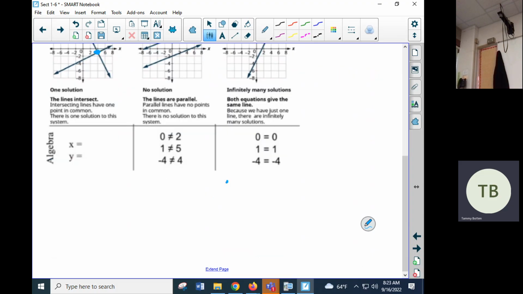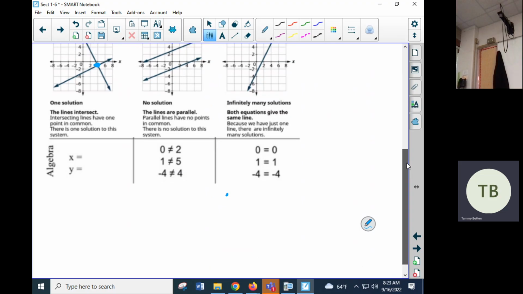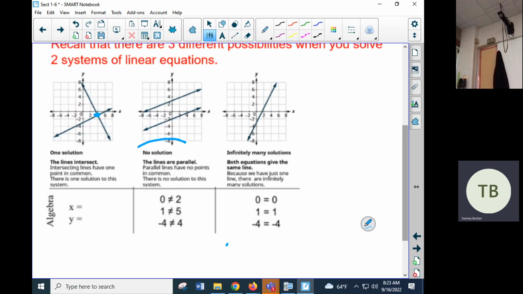I don't want to say too much yet, but your variables would cross out and you'd have a number on each side of the equation that are not the same. Okay. And then if that happens when they're parallel, remember from yesterday, it's no solution.